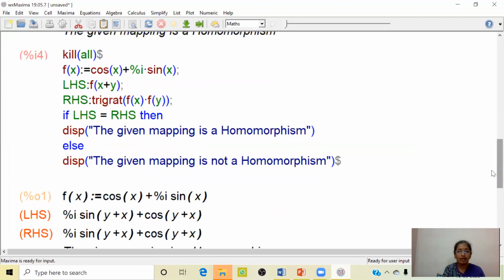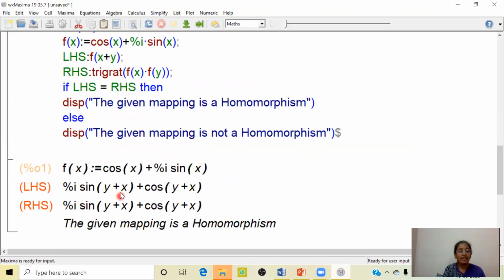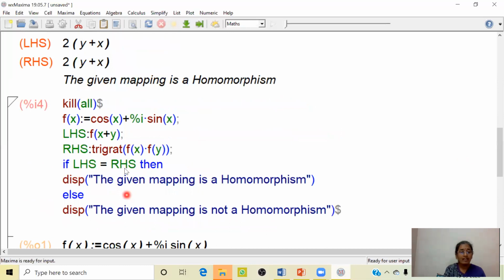So this will be the output now, that is f of x is cos x plus i sin x, and the left hand side is i sin of x plus y plus cos of x plus y, and the right hand side is also i sin of x plus y plus cos of x plus y, and the mapping is a homomorphism because we have given this trigrat.